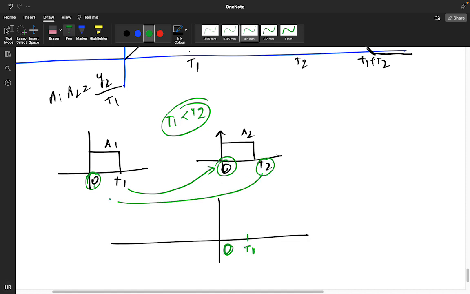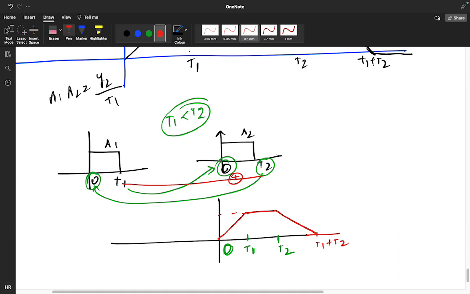Add this lowest part with this, t2 will come. Add this together, t1 plus t2 will come. So it will go like this, then it will be constant, then it will be down. That's it.